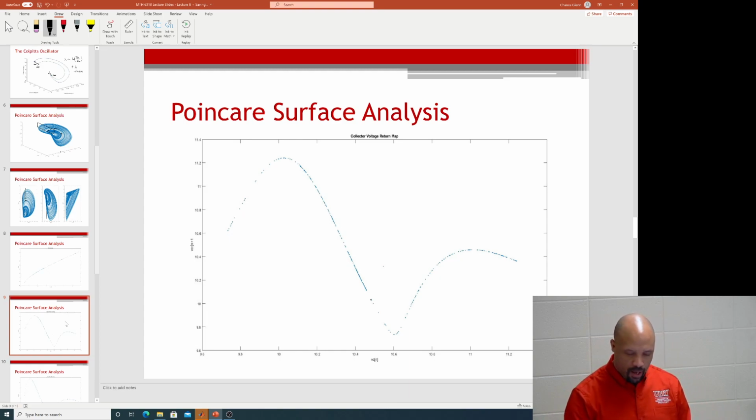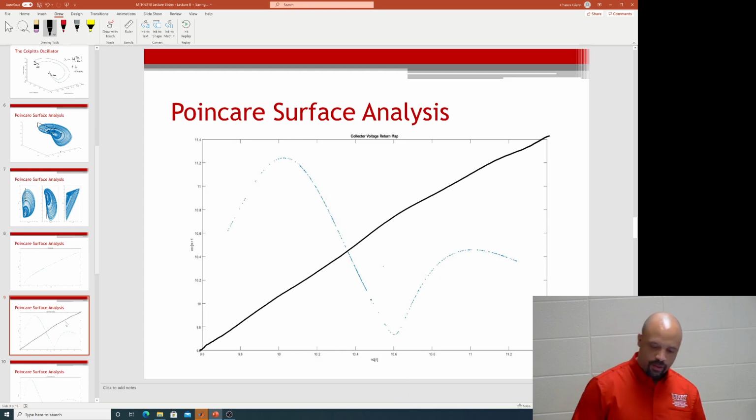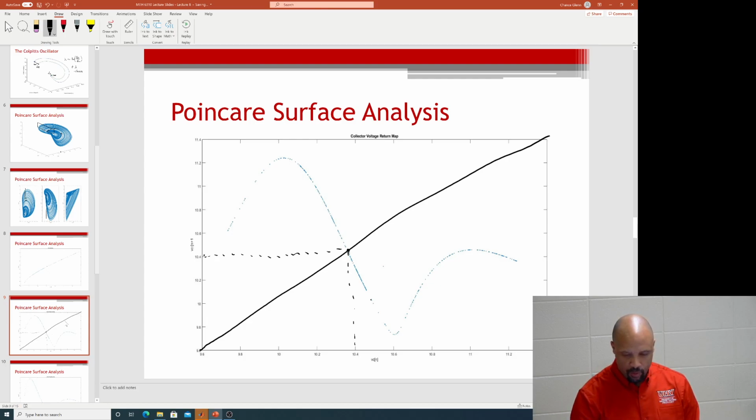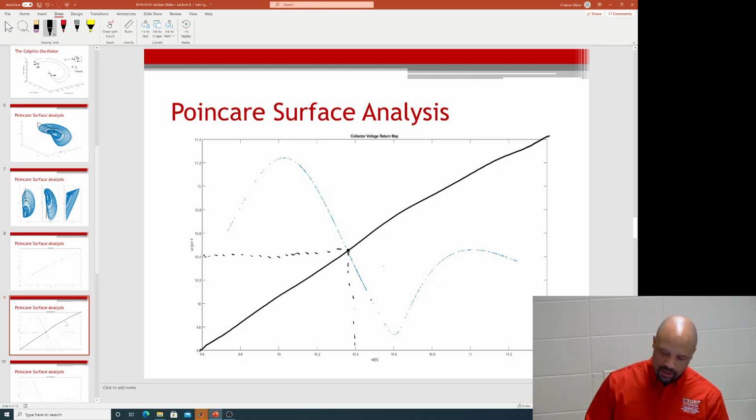So if I draw a line through from this point, and it's not going to be straight, but the best I can, you'll see that the fixed point lies just about 10, maybe 10.4, a little less than 10.4. Meaning that if you come through that point, it's going to want to stay there. It doesn't stay there, because if it did, it'd just be one period, so it moves away.